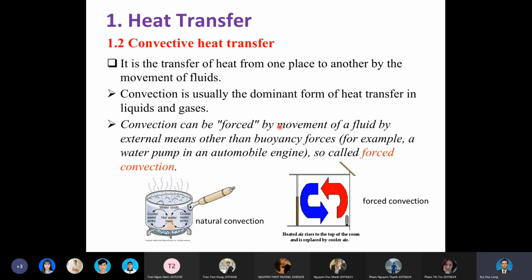Okay, so we go to the introduction of the second mode of heat transfer, which is convection. Heat transfer by convection is from one place to another place by the moving of fluids.